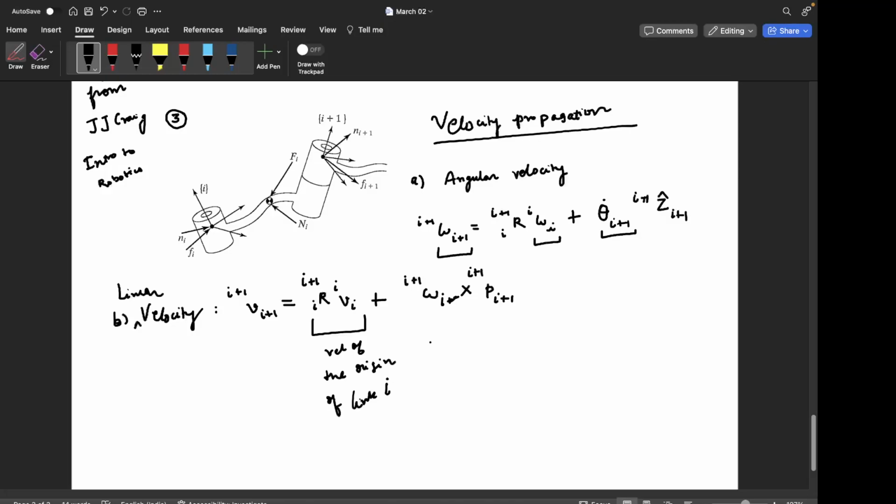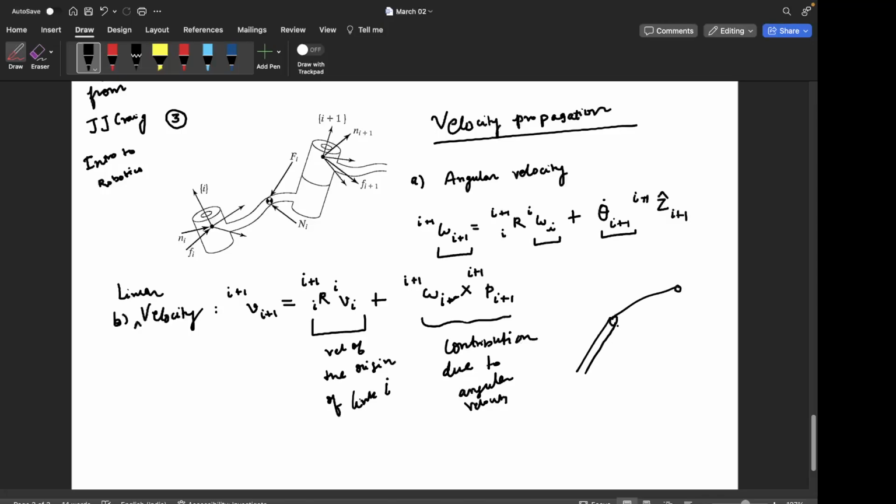And after that, we have to add the contribution due to angular velocity of link I. So contribution due to angular velocity, and pi is the position vector from the origin of the ith frame to the origin of the I plus 1th frame.